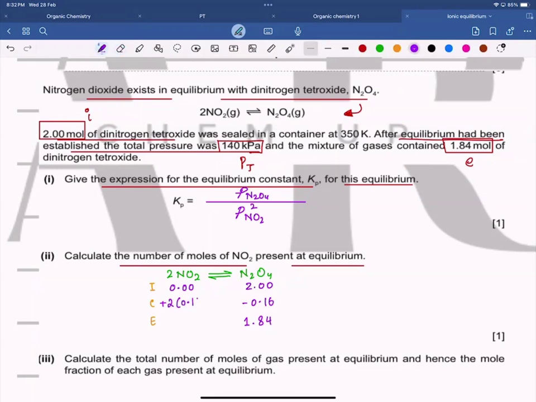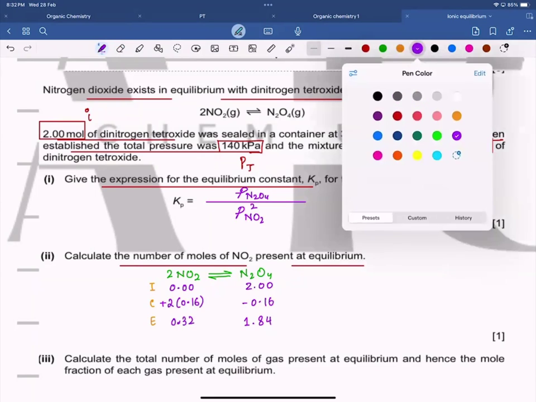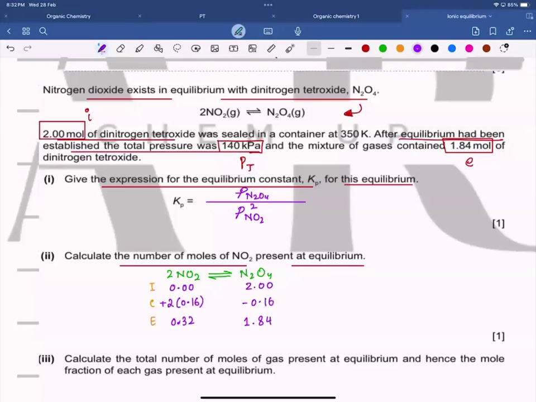So at equilibrium, we got the moles of NO2, which are 0.32. So I will write over here: moles of NO2 at equilibrium, 0.32. Is this understandable to all of you? Yes, sir.